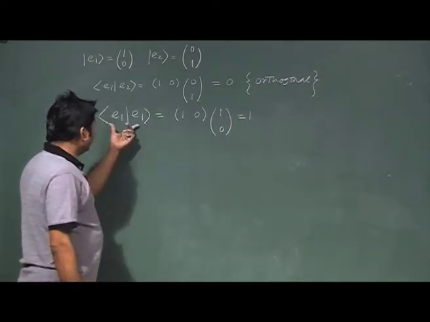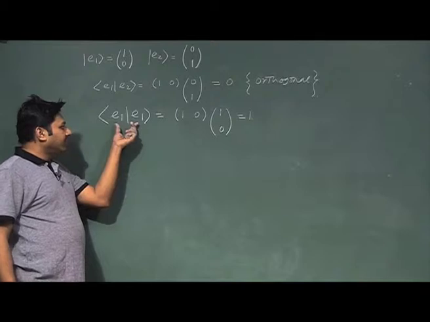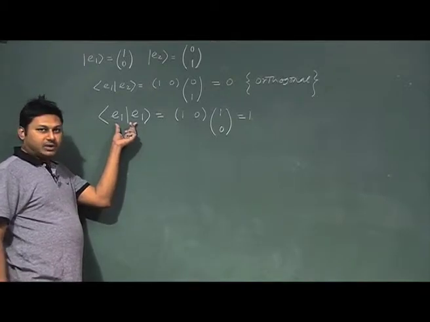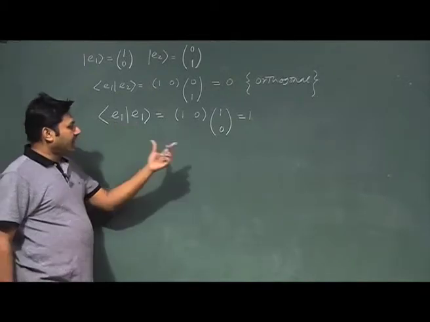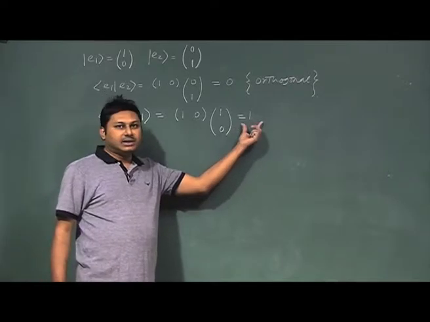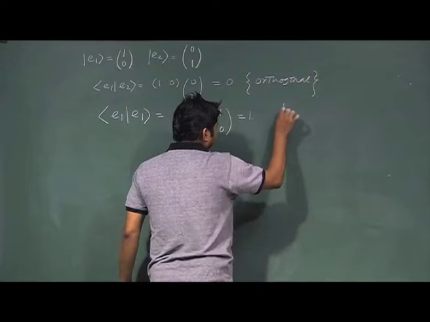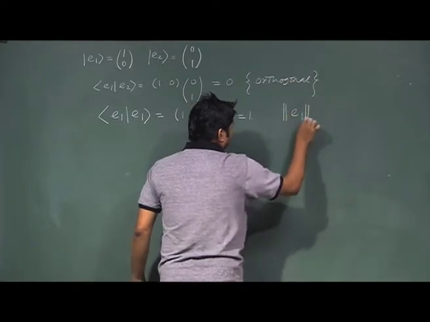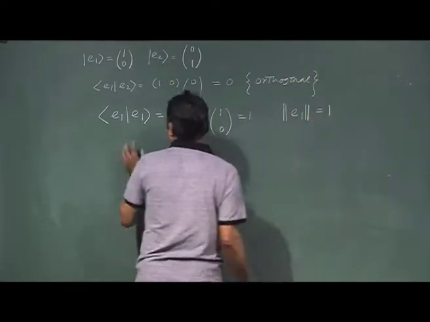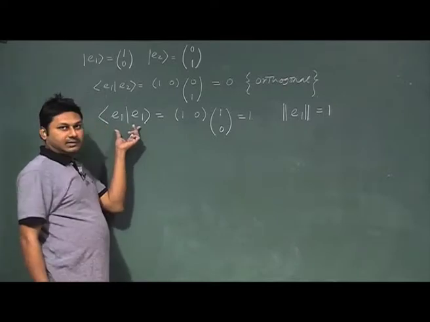So that means when two vectors are multiplied to each other in an inner product notation, I will have a scalar quantity. If the scalar quantity is 1, I can say the norm of E1 is equal to 1. Norm is the root of these things.